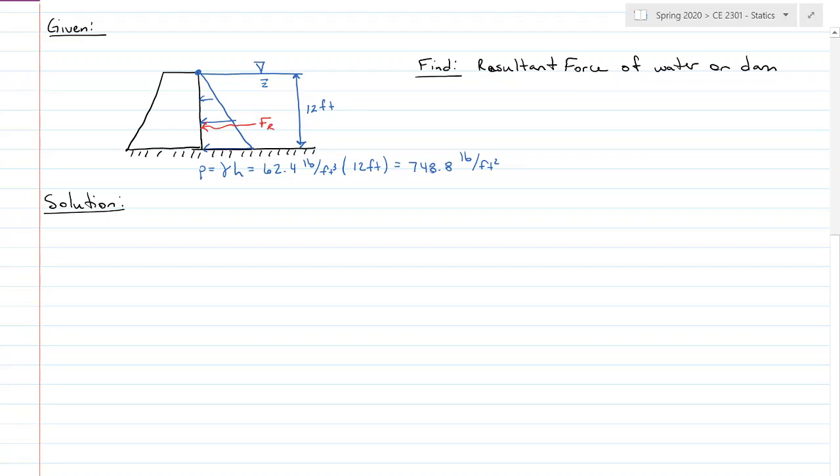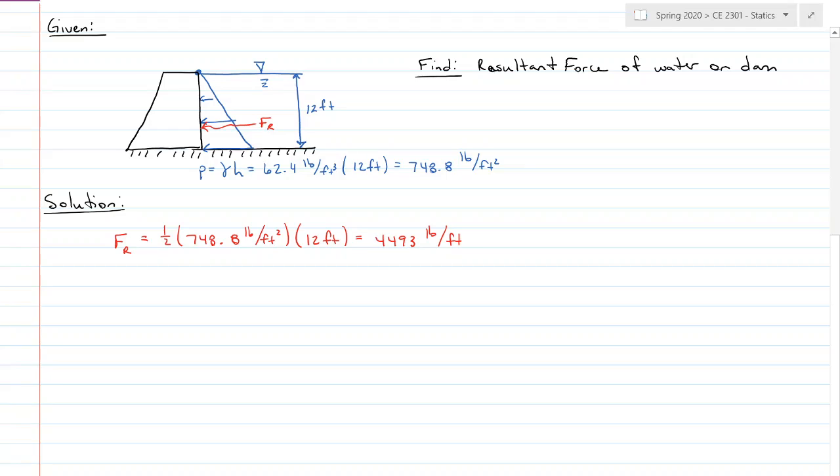So that means my force resultant is equal to 1/2 base 748.8 pounds per foot squared times height 12 feet, and that's going to equal 4,493 pounds per linear foot into the page.